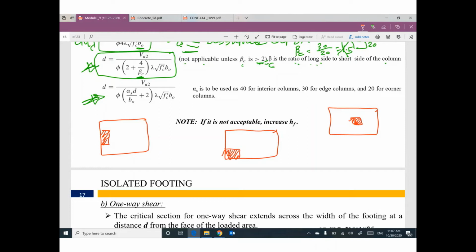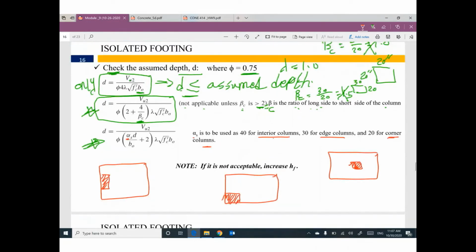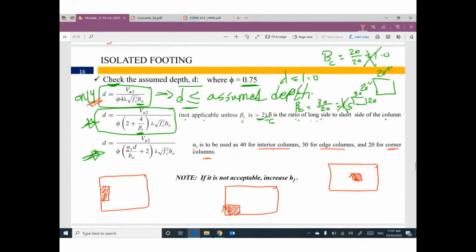So interior column, edge column, or corner column. And I'm giving you the value of alpha s based on the position of the column. But my recommendation, use only the first expression. But just keep in mind, we have other different expressions in different cases. Okay, so I'm telling you, just use the first one only to make it easier.